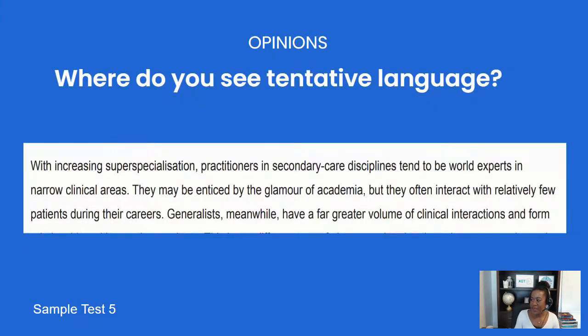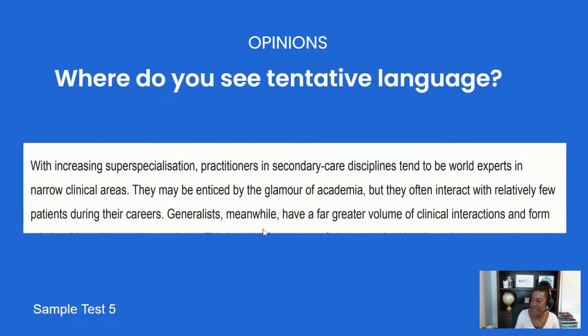So let's put this into practice with a small extract from one of the sample OET tests. This is from sample test 5, a small part of text 1. Take a moment to read through this and tell me anywhere that you can see tentative language being used.